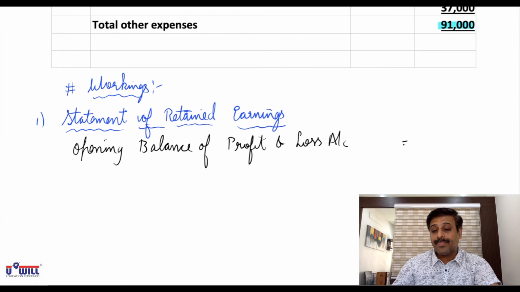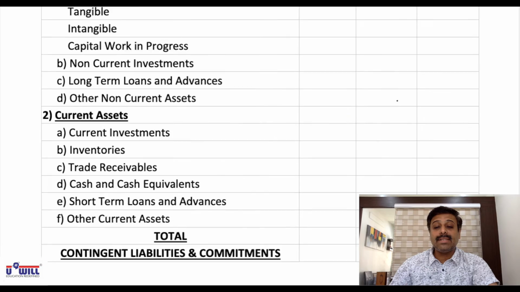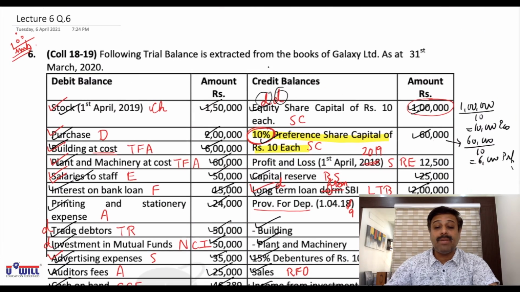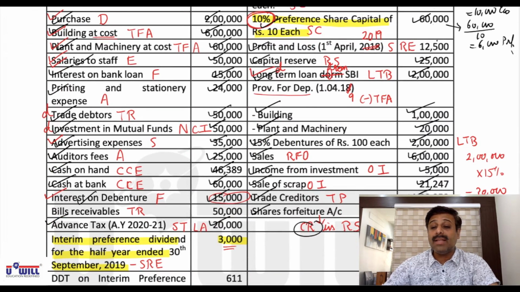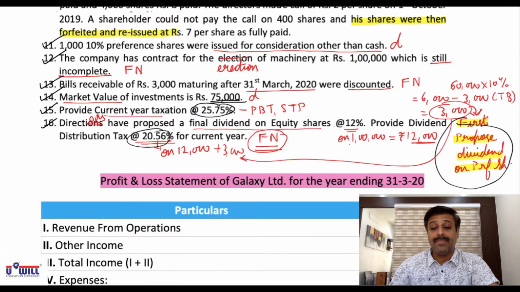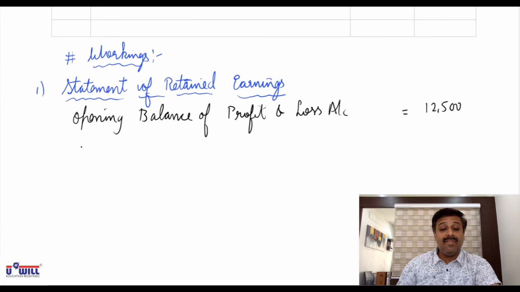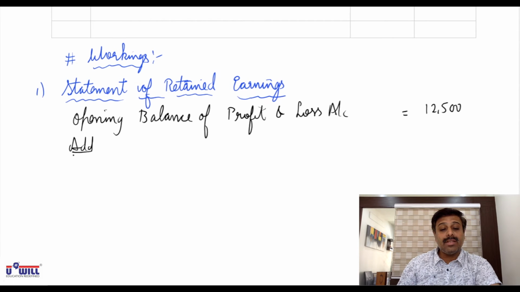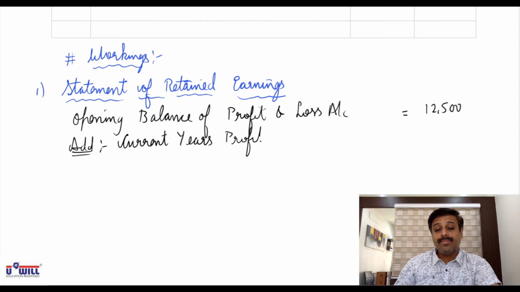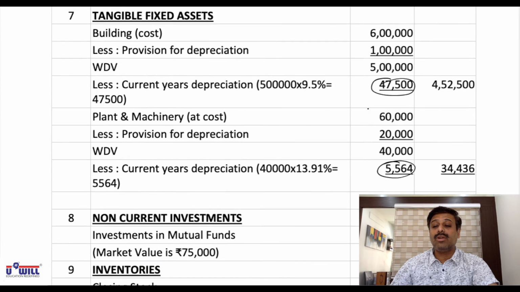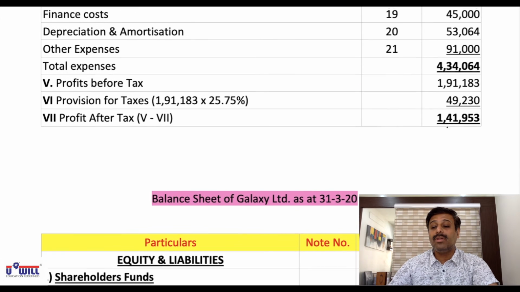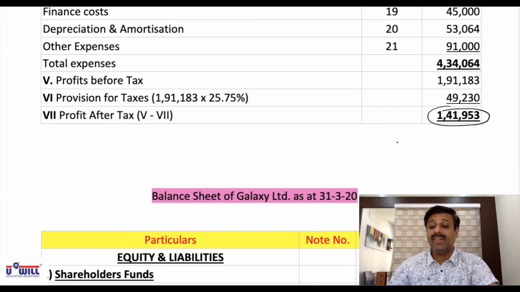In the statement of retained earnings, the opening balance of the P&L statement you will get from the trial balance. Opening balance of P&L account is 12,500. In that we will add current year's profit after tax, which we got just now, 141,953.